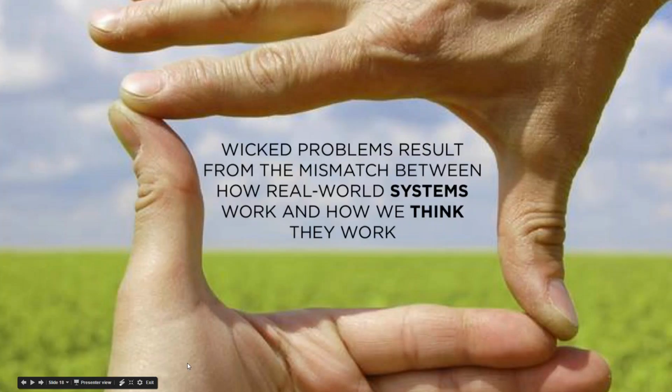So Derek Cabrera likes to say that this statement is a PhD in systems thinking boiled down to one sentence. And that is essentially that we get into lots of problems when our mental models don't match the real world, or specifically, wicked problems result from the mismatch between how real world systems work and how we think they work.